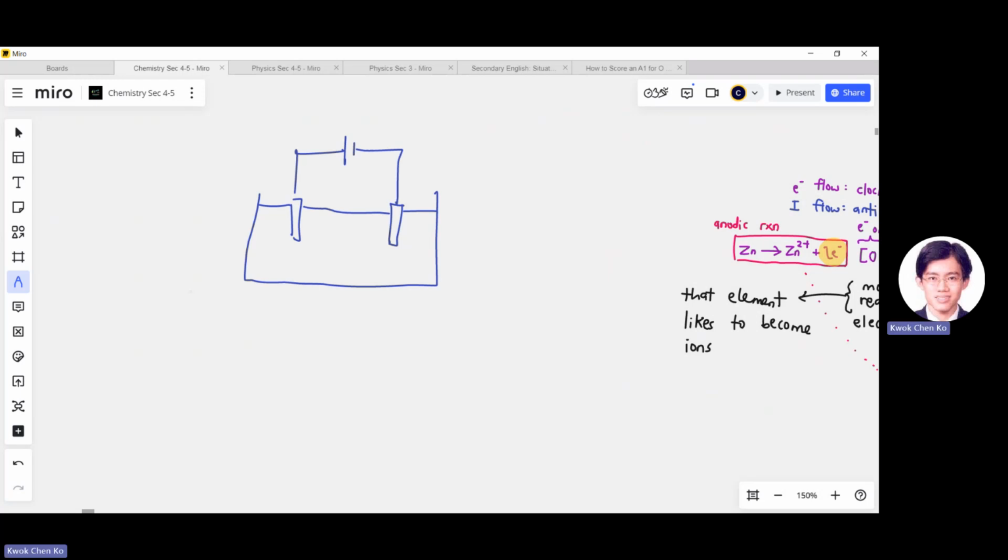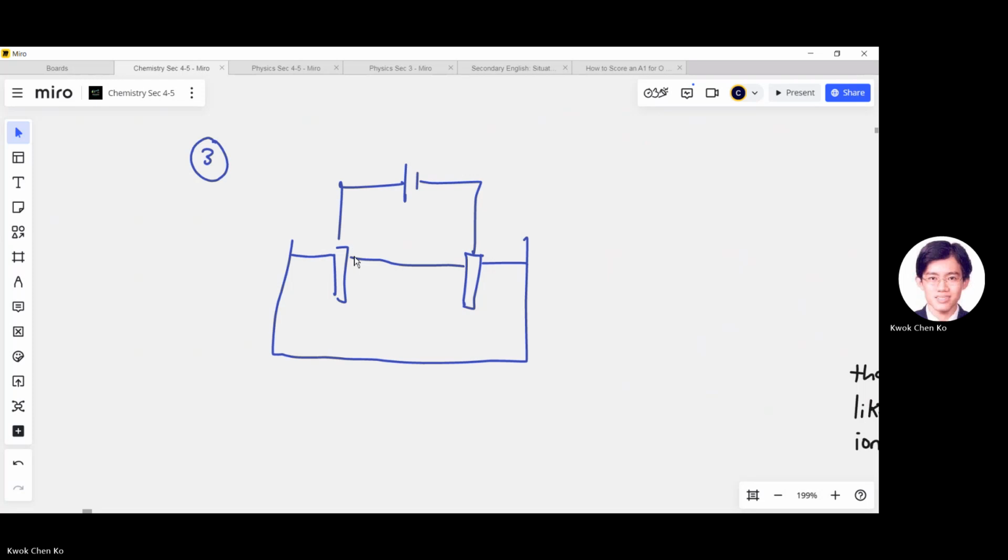Okay, this is scenario number 3. Now, fill them in with whatever you know. Sodium chloride, but concentrated.